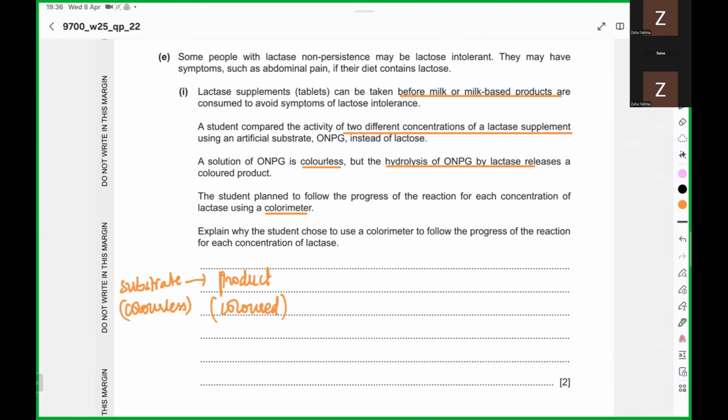Are you aware of how a colorimeter works, Anna? Or should I explain the basics of colorimeter? I'll show you how a colorimeter looks. Yeah, it's the one used in the practicals.